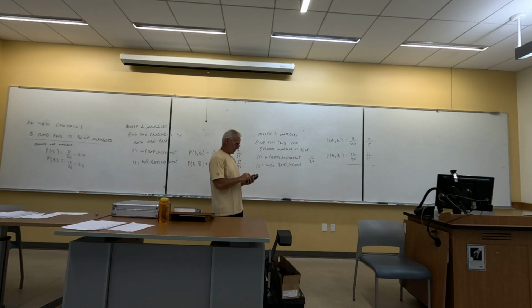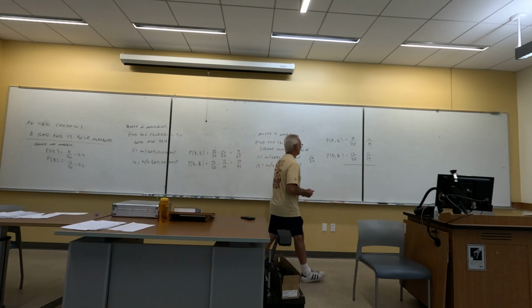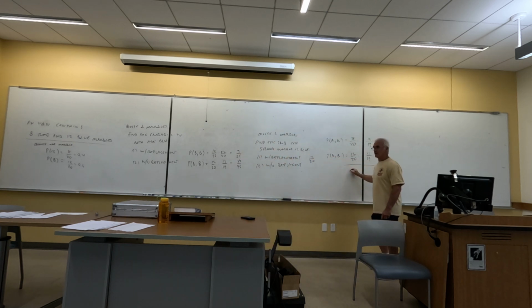So we'll go 8/20ths times 12/19ths plus 12/20ths times 11/19ths. And they add up to what? 0.6. I'm gonna write it this way. They add up to 12/20ths.